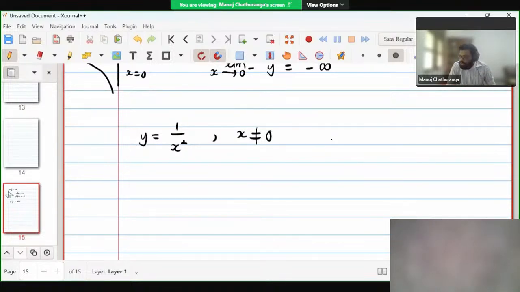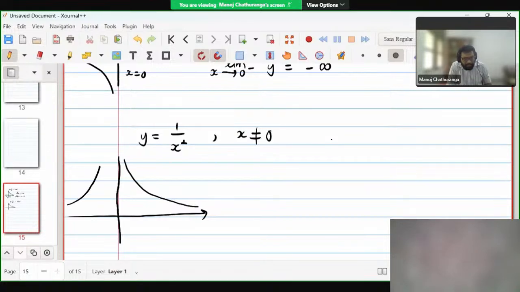No matter what you do, it gives you a positive number. So the graph of this function looks something like this. For positive x values, you get positive y values, and for negative x values, you still get positive y values. So the graph looks like this.